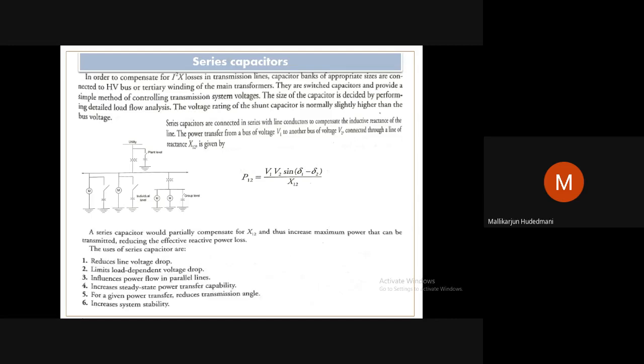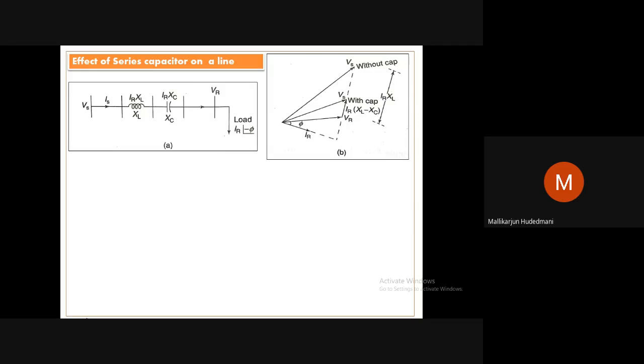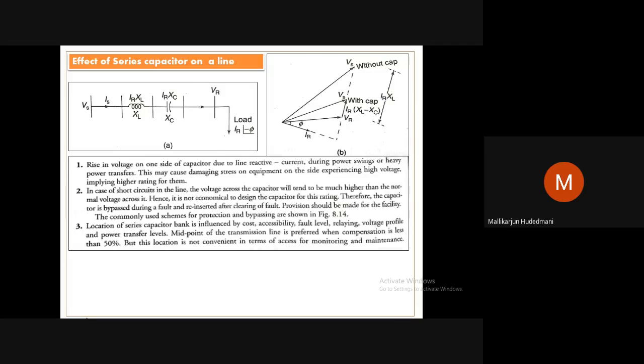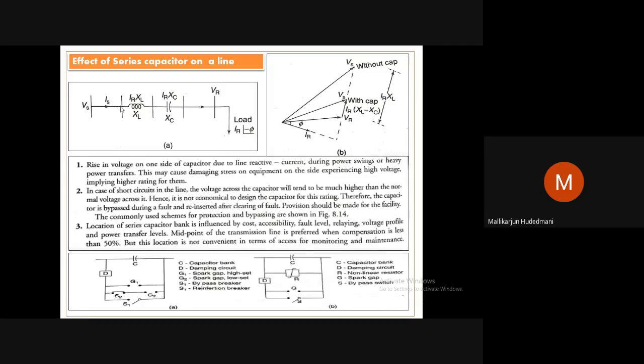Then I have one more review here. When I incorporate, let's see, a series capacitor concept, you can see the sending end voltage, receiving end voltage, or bus receiving end, bus sending end, and you have representation of the total reactance of the line by XL.